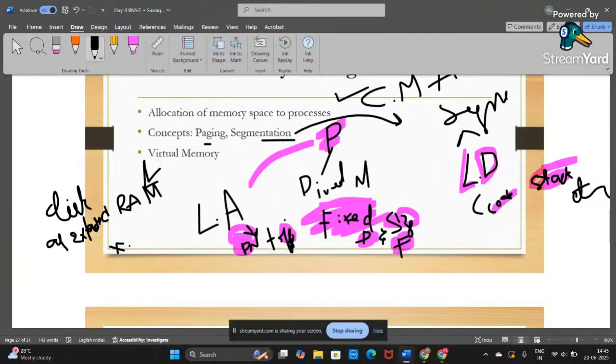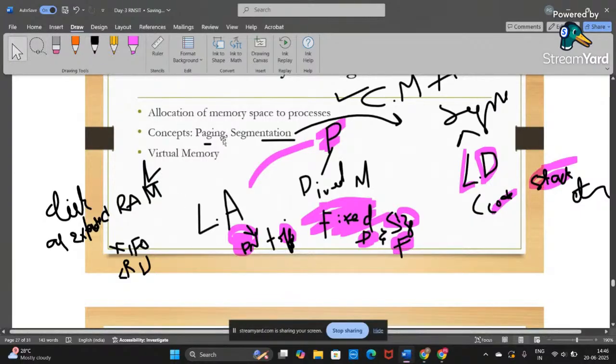What is FIFO? First in, first out. And LRU. What is LRU? Least recently used.